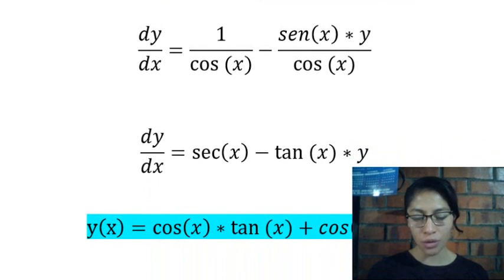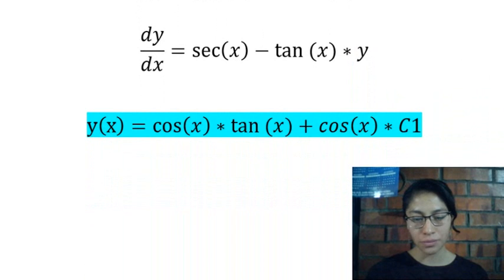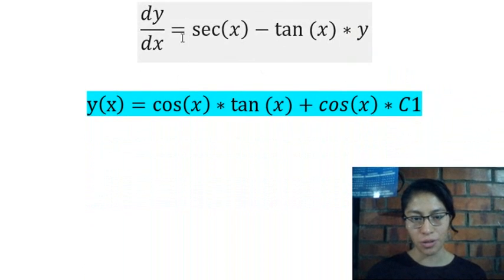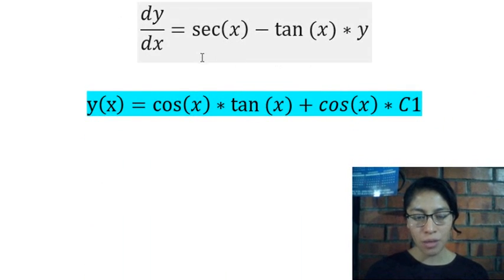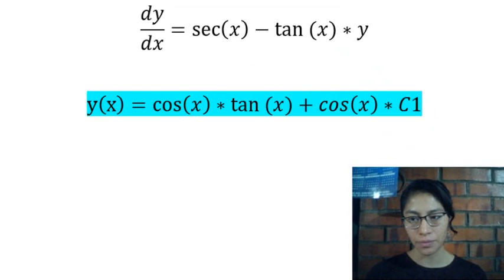We know that 1 over cosine of x is secant of x, and sine of x over cosine of x is tangent of x. In this way, we reduce the equation, and solving manually, we came to the solution. Now we have to check if the same thing happens in MATLAB.